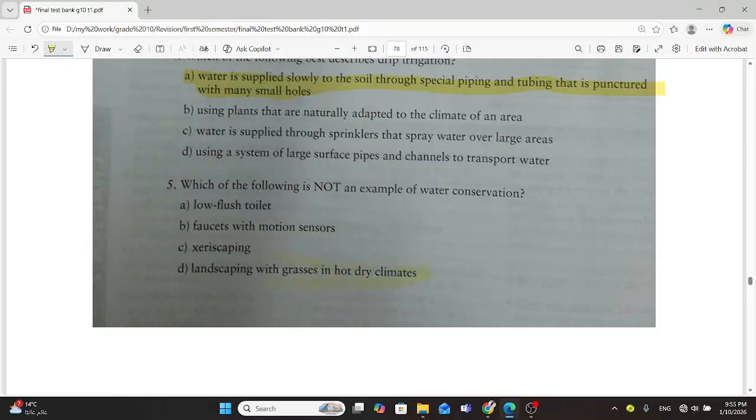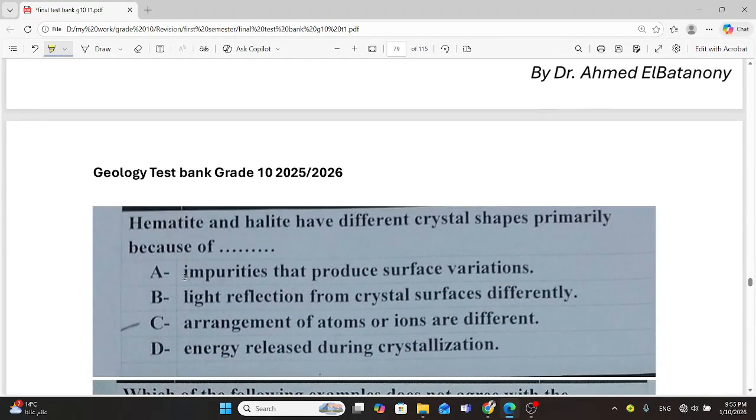It will be landscaping with grass in a hot dry area. Hematite and halite have different crystal shapes primarily because of impurities that produce surface variation, or light reflection from the crystal surface, or arrangement. We said anything different is because the arrangement of atoms and iron are different.